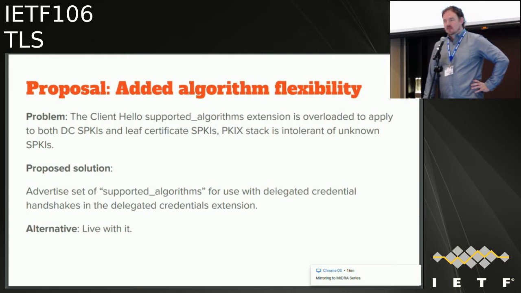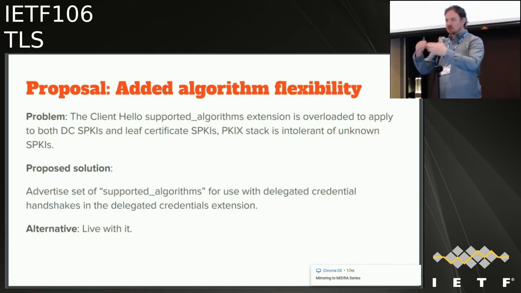In TLS 1.3, there's the idea of having supported algorithms and supported algorithms certificate as two lists, one for which SPKI is allowed in the leaf certificate versus which SPKI is allowed to be used in the certificate chain for signing the leaf certificate. Because the PKI stack is sometimes different from the TLS stack, these are potentially different lists.